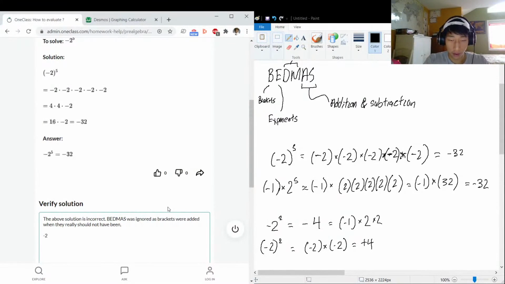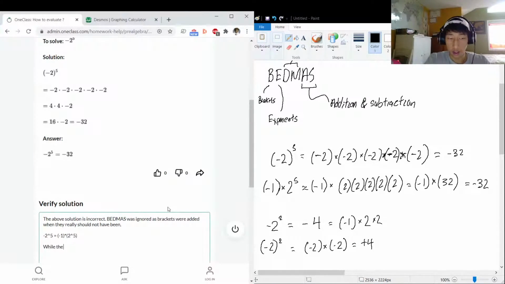Negative 2 to the power of 5 is really equal to negative 1 times 2 to the power of 5.